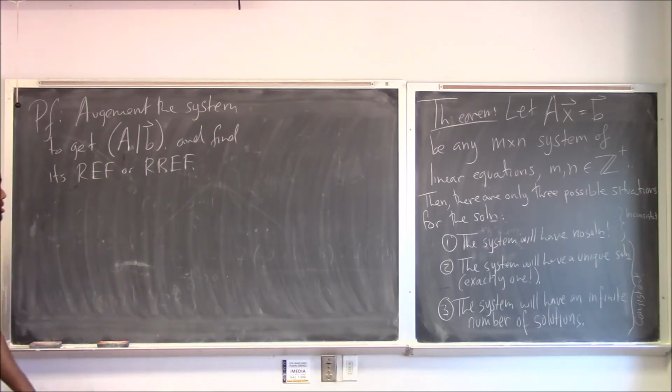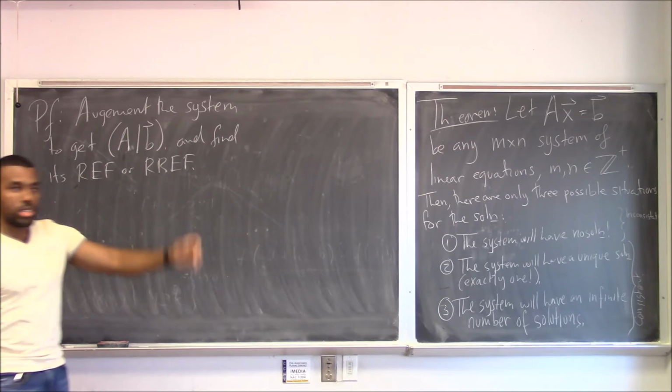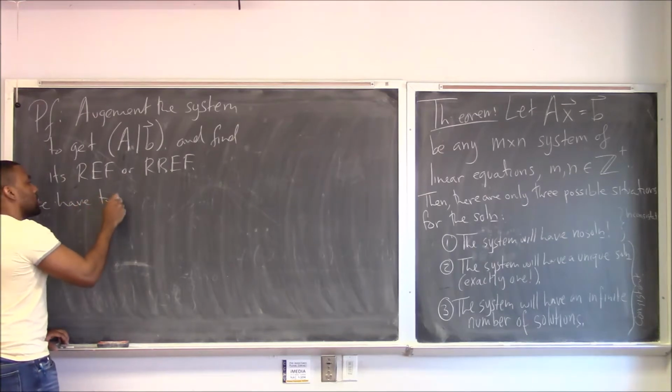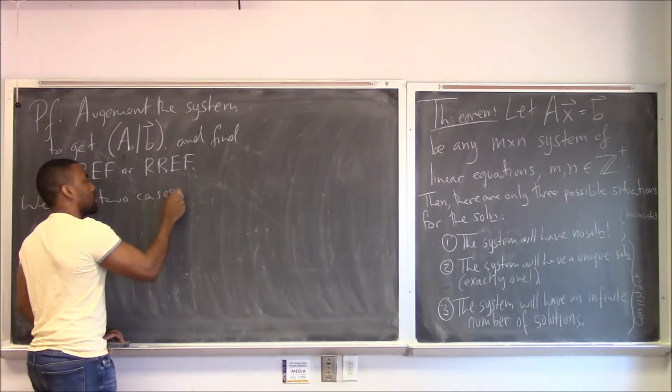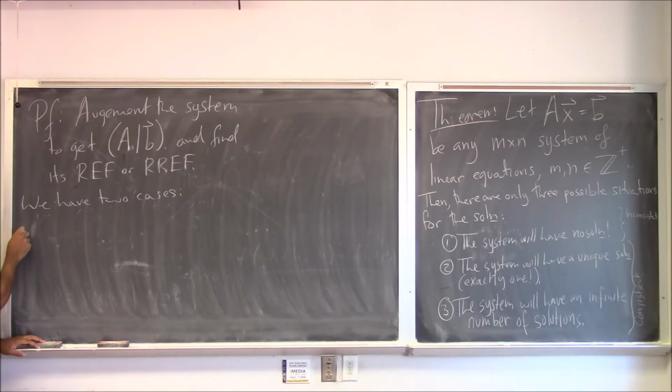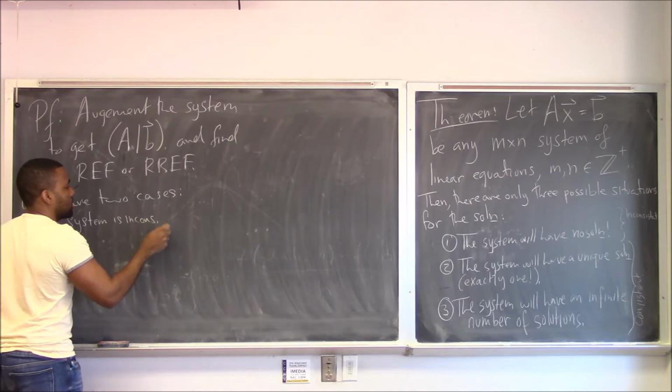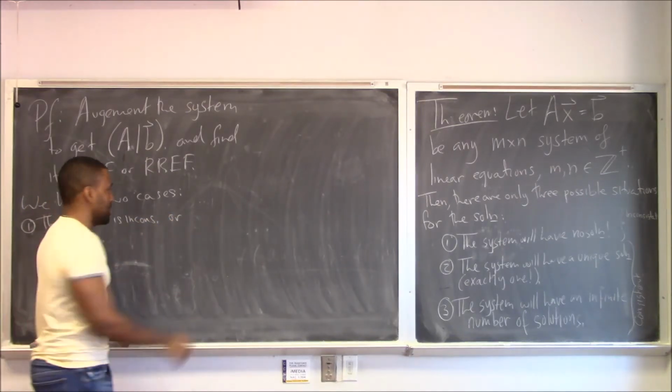So let's actually break this up. So give me a random system, I can augment it, reduce it. We have two cases here. One, the system is inconsistent, or it's not inconsistent.